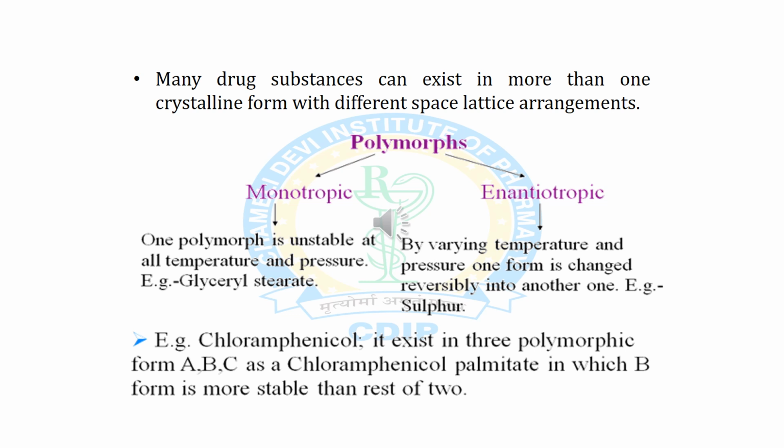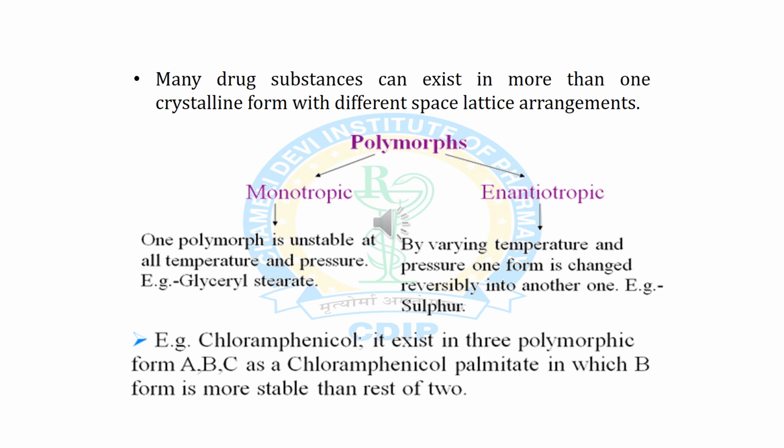Many drug substances can exist in more than one crystalline form with different space lattice arrangements. Polymorphs are monotropic and enantiotropic. Monotropic: one polymorph is unstable at all temperature and pressure, for example glyceryl stearate.